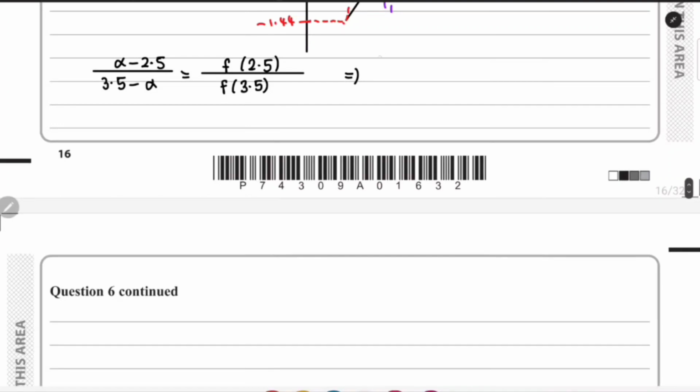We'll have alpha times f 3.5 minus 2.5 times f 3.5 equal to 3.5 f 2.5 minus alpha times f of 2.5.